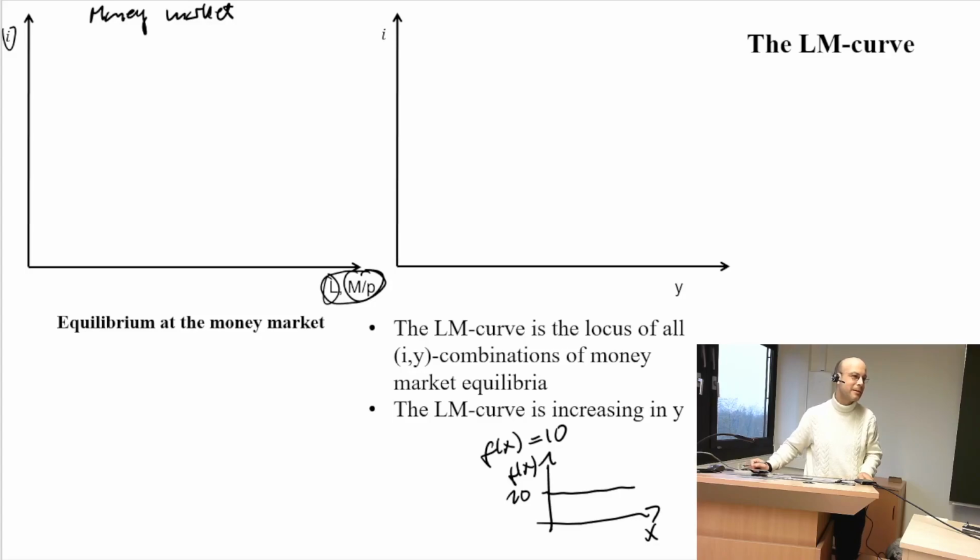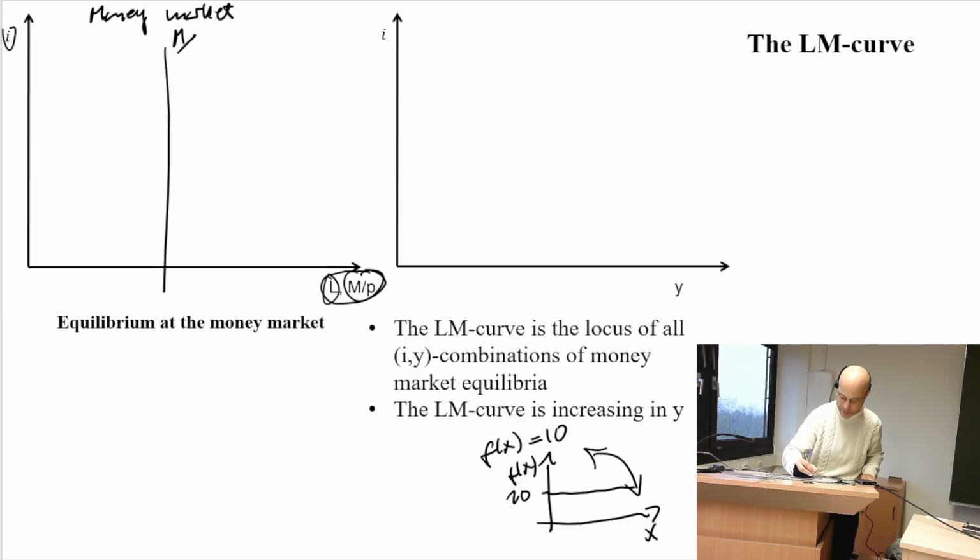I think I already talked to you about this: economists quite often interchange the axes. P and X in demand and supply curves, if you look at market equilibria, are also interchanged. So if we interchange these axes, then of course it is, as you mentioned, a vertical line. So this would be just one fixed money supply.